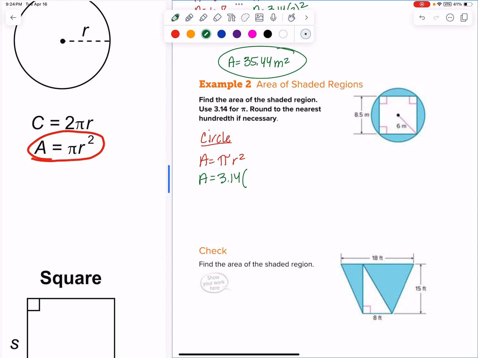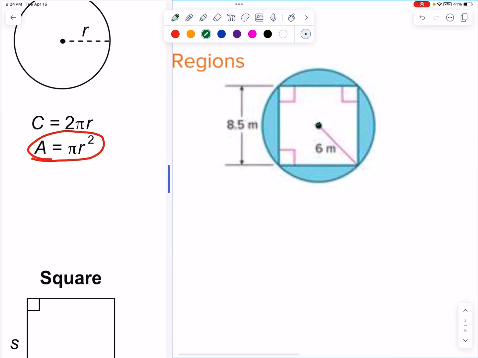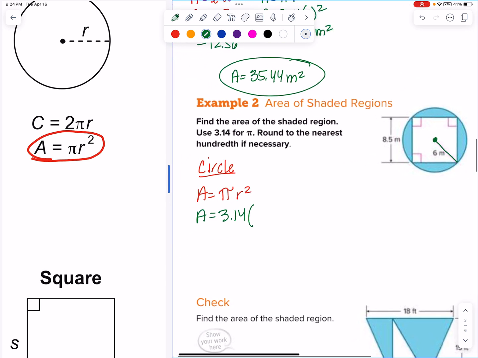Where's the center of the circle? Well, the center is right here, right? And is there anything showing a distance to the outside edge of the circle? Well, yeah, right here. This diagonal length in the square happens to be 6 meters. So that's our radius, the 6, and squared.